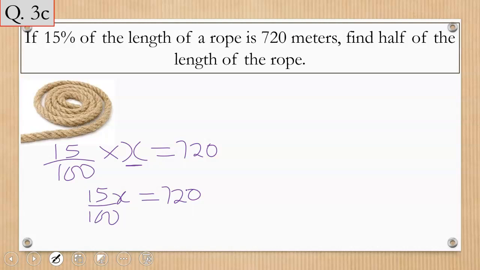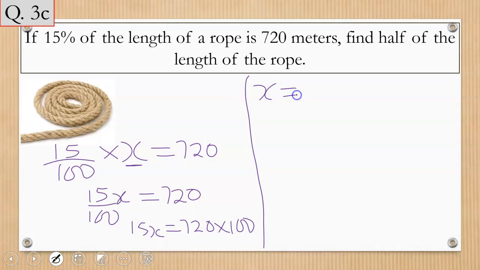Now, if I do cross multiplication, I can write 15x is equal to 720 times 100. Now, when I'm solving questions like this, I always tell my students, don't multiply the numbers quickly, because you're going to be dividing both sides by 15. So instead of writing 72,000, just leave it as such and divide both sides by 15.